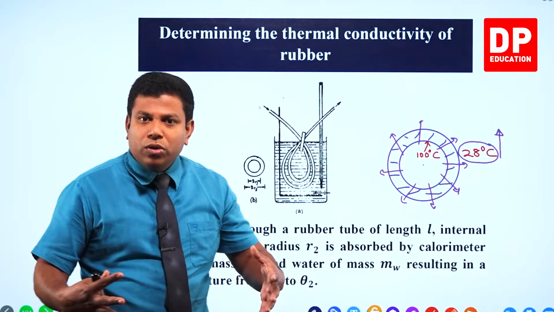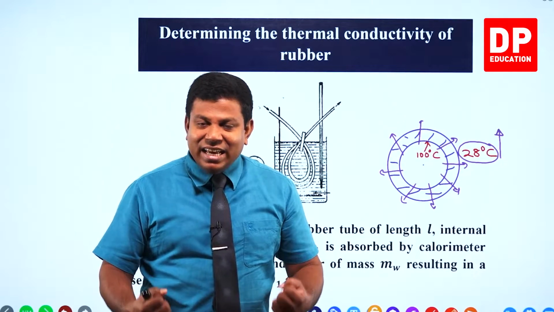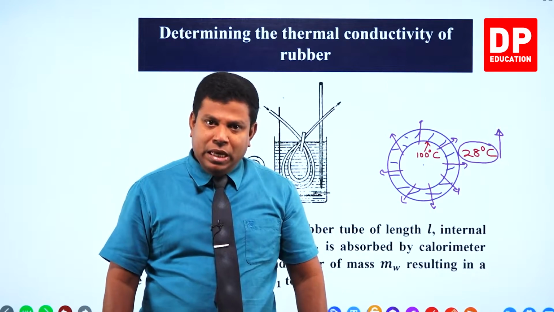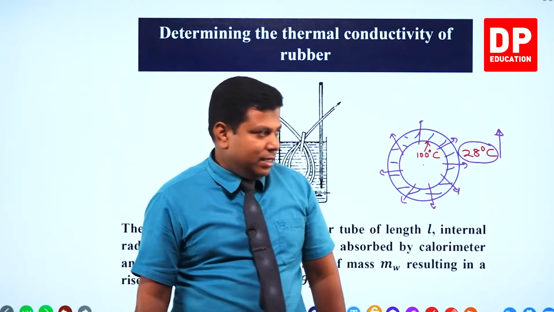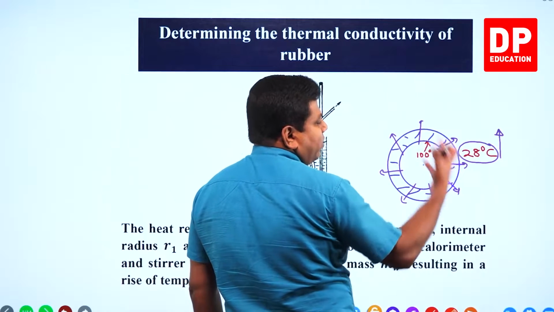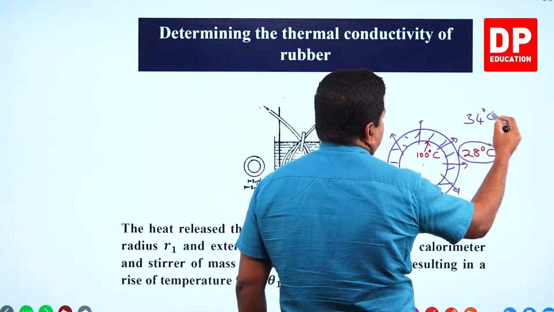The heat comes out through the rubber tube, and the water and calorimeter gain that heat. So their temperature has to increase. This 28 degrees will start going up. Let's say we stop the experiment when it is 34 degrees centigrade.